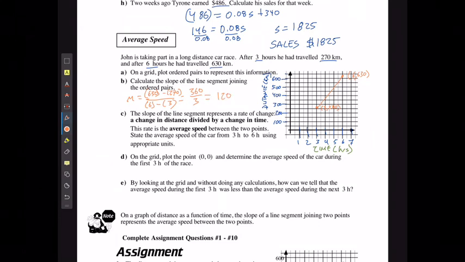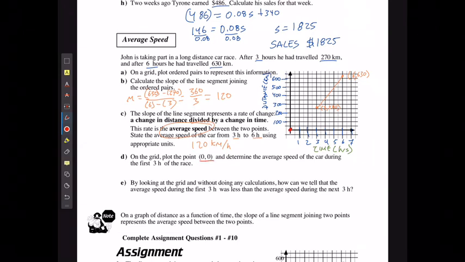The slope of the line segment represents the rate of change: a change in distance divided by a change in time. This rate is the average speed between the 2 points. State the average speed of the car from 3 hours to 6 hours using appropriate units. Well, he was traveling at 120 kilometers per hour.